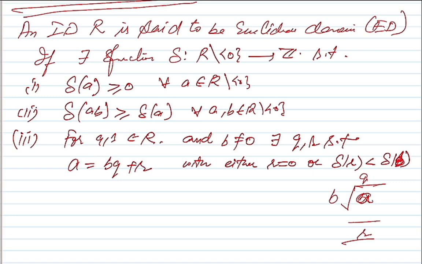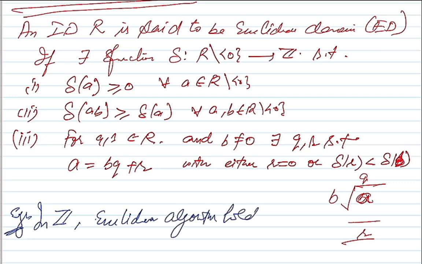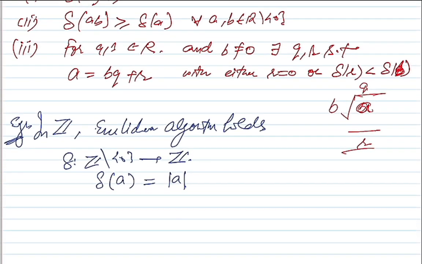Now, this is not a new thing for you, because you have seen in Z that the Euclidean algorithm holds. So then delta is defined from Z minus 0 to Z, delta of a is equal to mod a.